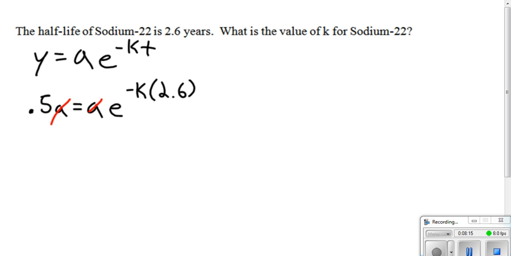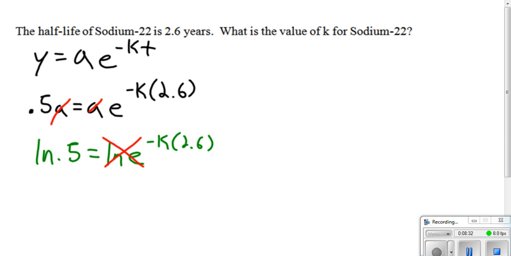So again, use our property of logarithms, and we'll take the natural log of both sides. ln 0.5 equals ln e to the negative k times 2.6. Well, anytime that we have ln of e, we can get rid of it. So we just have ln 0.5 equals negative k times 2.6. So all we have to do is divide both sides by negative 2.6.